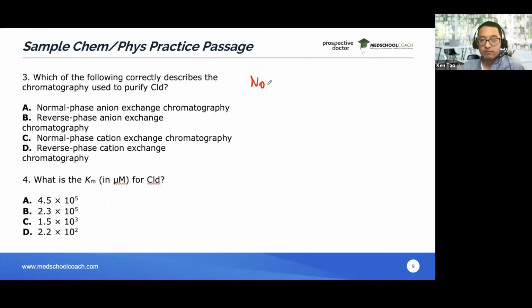So in normal chromatography, and we'll use S for stationary and M for mobile, the stationary phase, this is just like thin layer chromatography, right? So your stationary phase is going to be polar and your mobile phase is going to be nonpolar.